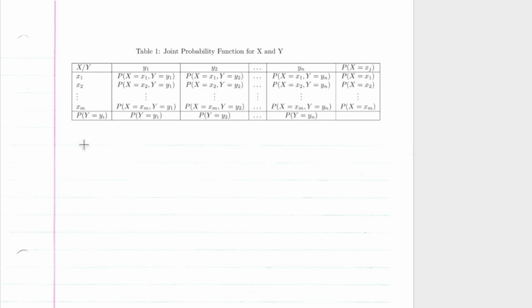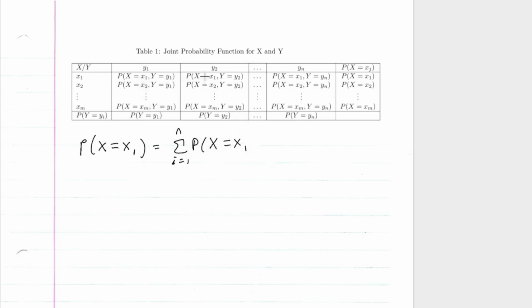And this probability that x is equal to x sub 1, so this row here, that's going to be the sum of this and this all the way to here. So this is equal to the sum from i equals 1 to n, so you can see it's going from 1 to n, of the probability that x is equal to x sub 1.